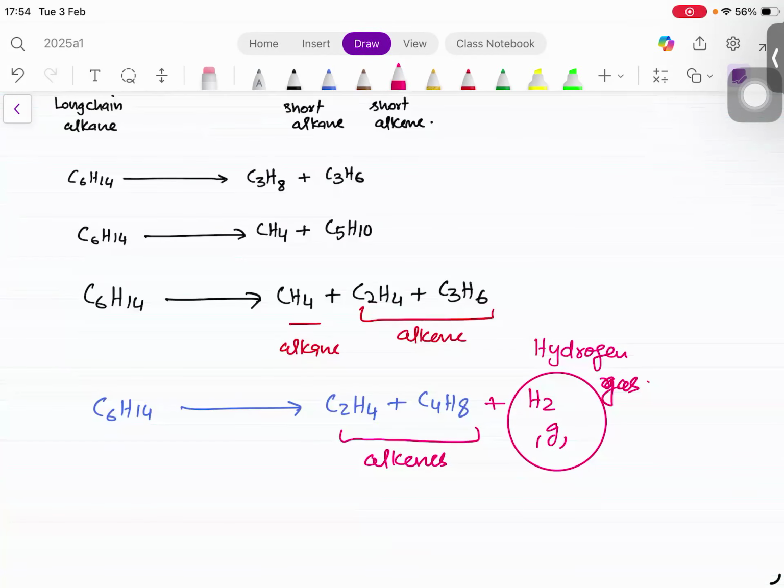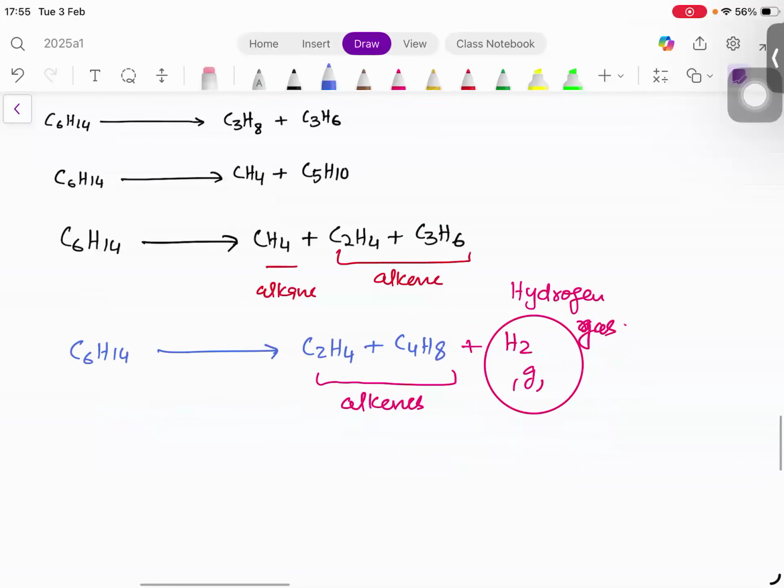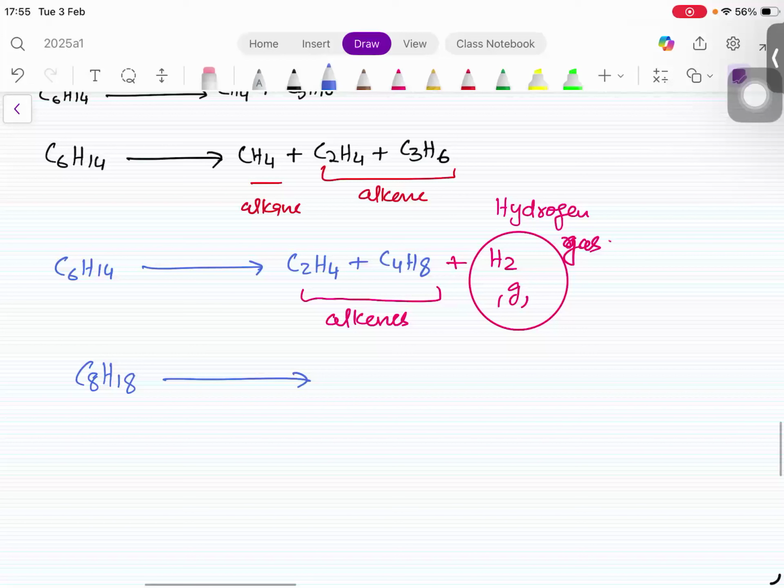Okay, I'm going to give you one equation. This is your own choice, whatever products you want to write, but I want you to crack C8H18 and tell me what are the products of this cracking of octane. Can you tell me, please?